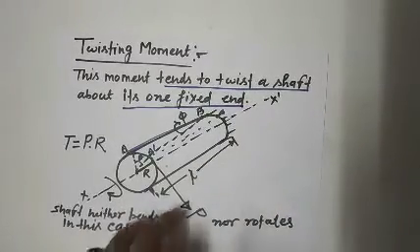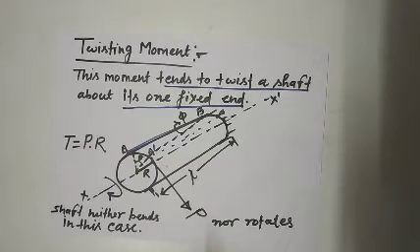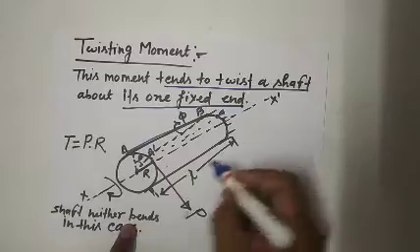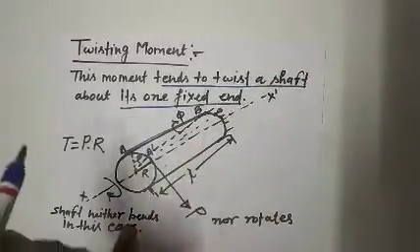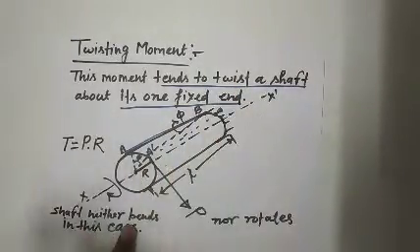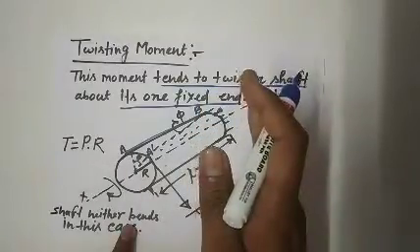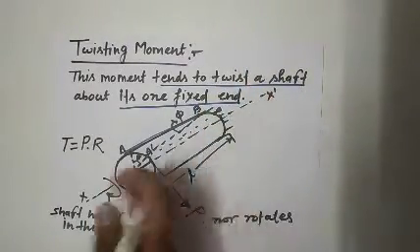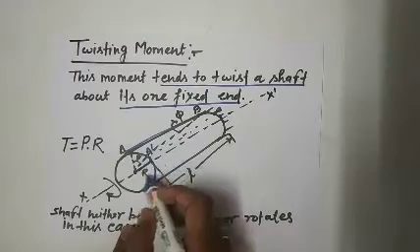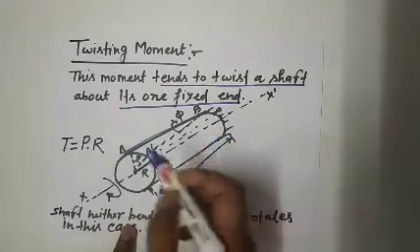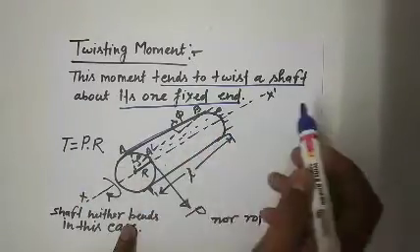But when we are talking about turning moment or torque, there is no such case required, because we know the shaft uniformly rotates along its axis of rotation throughout its length, right? Here the value of the torque at this point and at this point will be the same throughout its rotation.